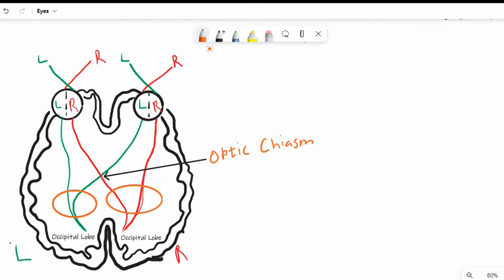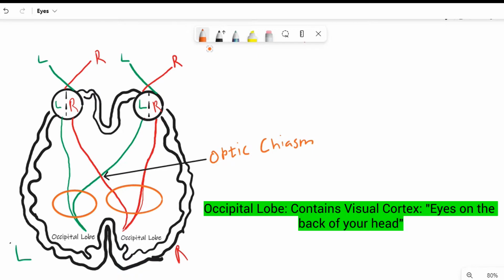Basically, every sense except for smell goes to your thalamus before going to its specific cortex, and this applies to vision as well. So it first stops at the thalamus, and the LGN decides where the vision is supposed to go, and that would be the occipital lobe and the visual cortex in the occipital lobe. And the image is sent to the occipital lobe where it is processed.